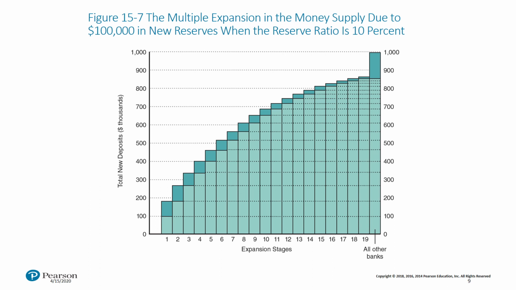Bank 2 receives $90,000 and lends out $81,000. The process continues through Banks 3 to 19 and then the rest of the banking system. Ultimately, assuming no leakages into currency, the $100,000 of new reserves results in an increase in money supply of $1 million, or 10 times the new reserves, because the reserve ratio is 10%.